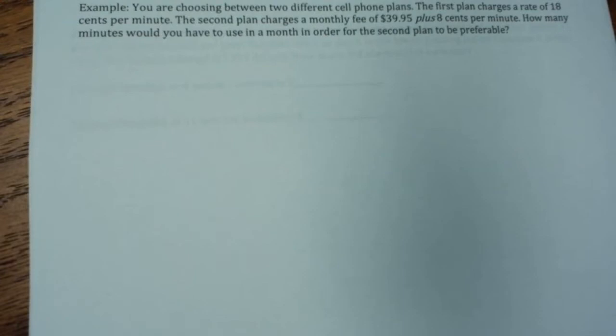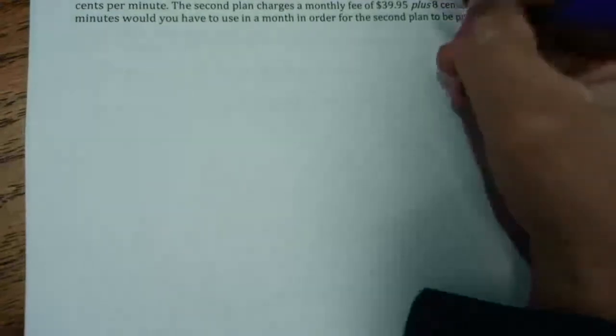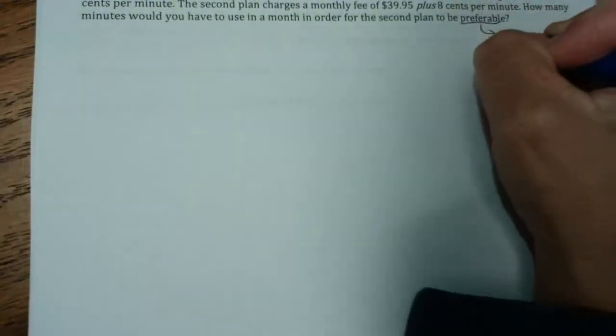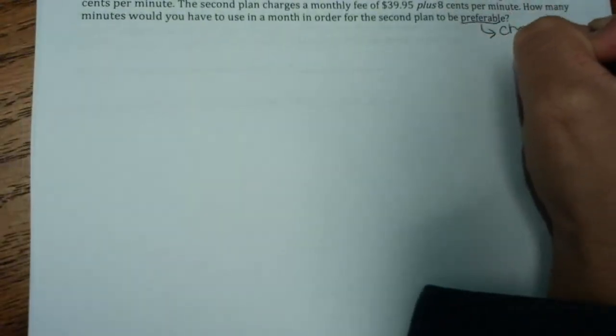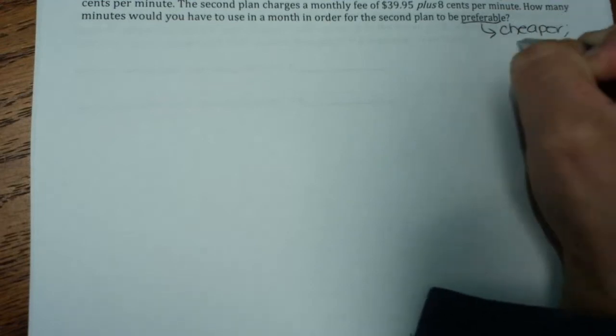All right, so a couple things that were going on here. We need to define our variables. So the question is, how many minutes would you have to use in a month in order to make the second plan preferable? If the plan is preferable, that means cheaper, so cost less.